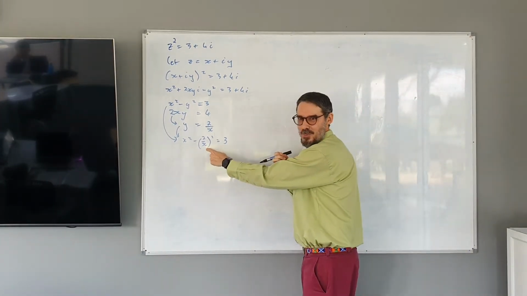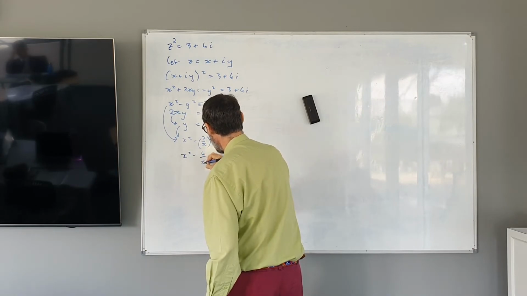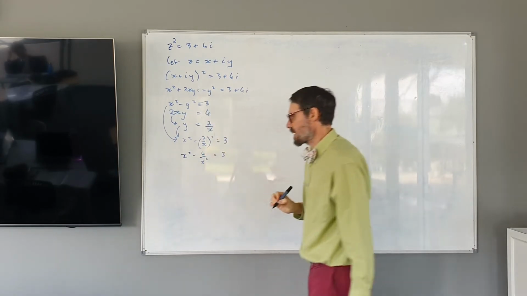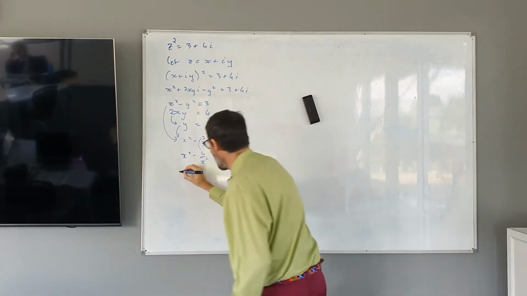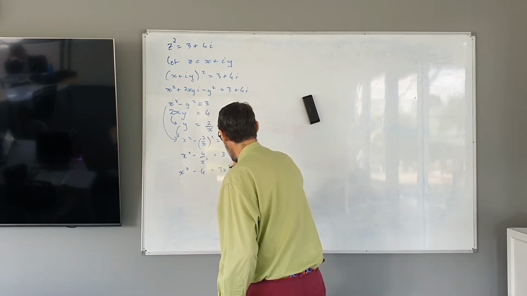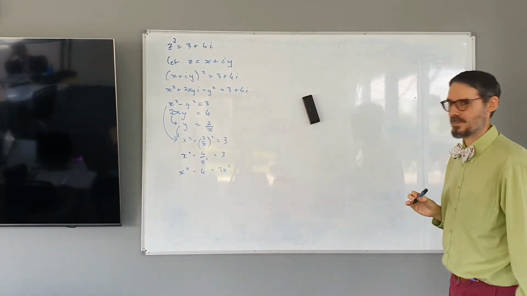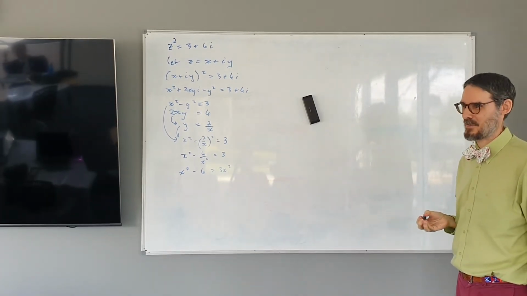The thing on the bottom, right? X squared minus 4 on x squared equals 3. So how do I get rid of the thing on the bottom? I multiply both sides by x squared. X to the 4th minus 4 equals 3x squared. Oh, that's a quadratic in x squared.